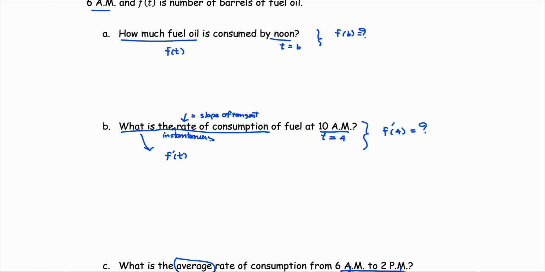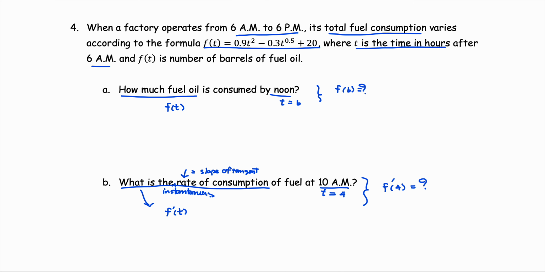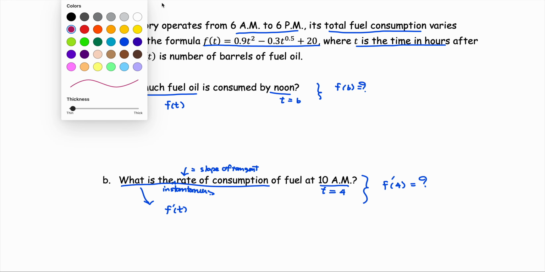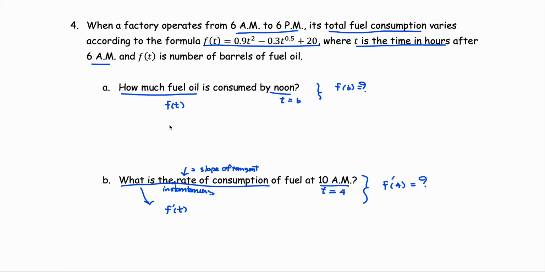Now back to part A. Since part A asks you to find F(6), what is the F function? I'm going to write in a different color to make it different from the setup that we put together. So F(6) is computed by 0.9 multiplied by 6 squared minus 0.3 times 6 to the power 0.5 plus 20.